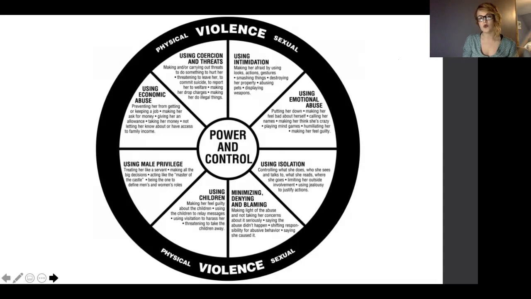Another one goes into using emotional abuse: putting her down, making her feel bad about herself, calling her names, making her think she's crazy, playing mind games, humiliating her, making her feel guilty. And this whole chart just goes into breaking down every single possibility of what these victims are being exposed to, of what is considered the power and control wheel.